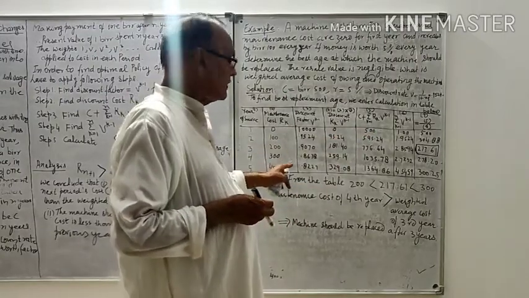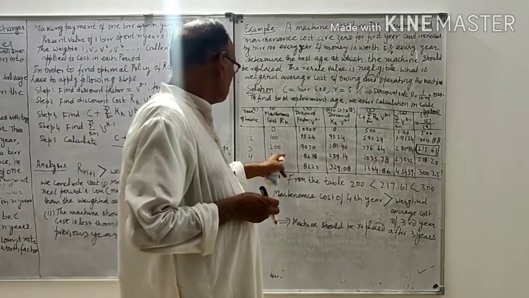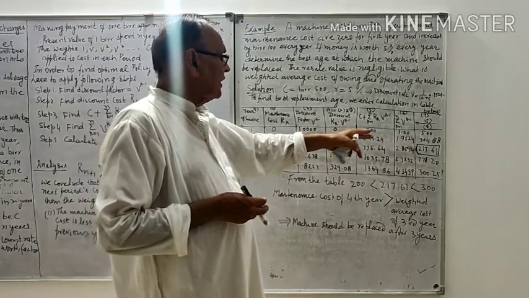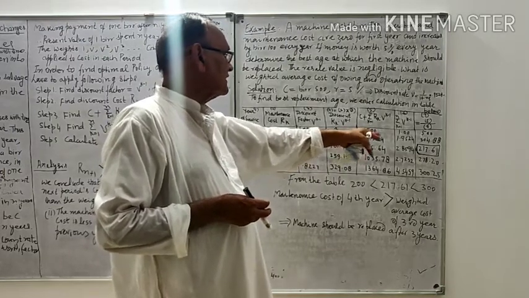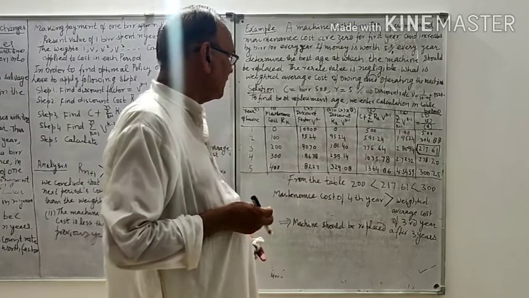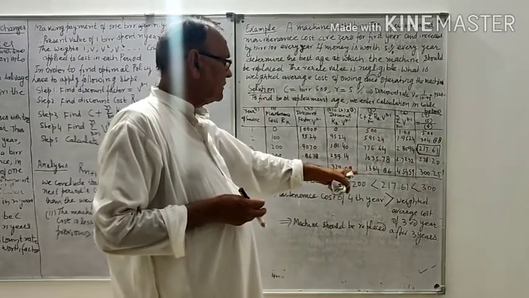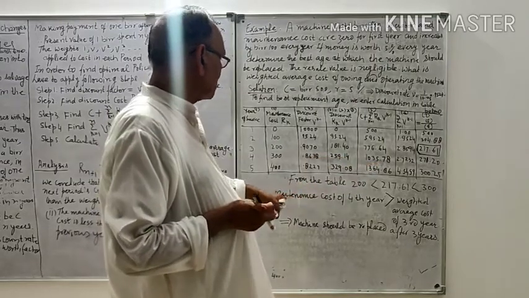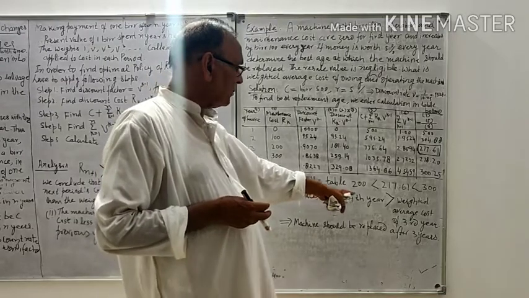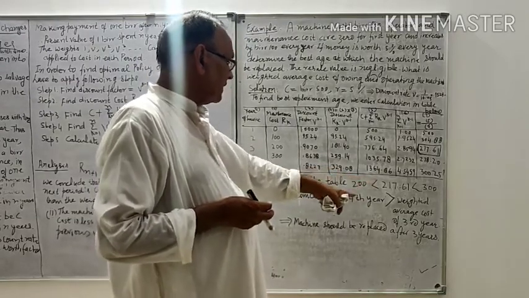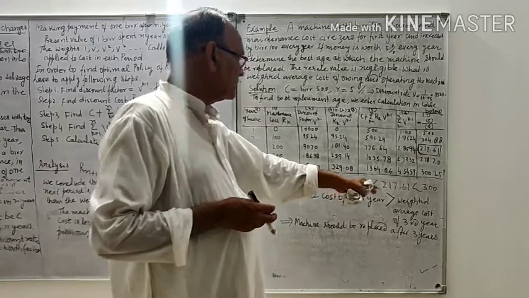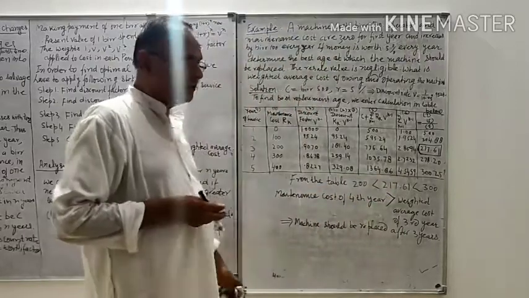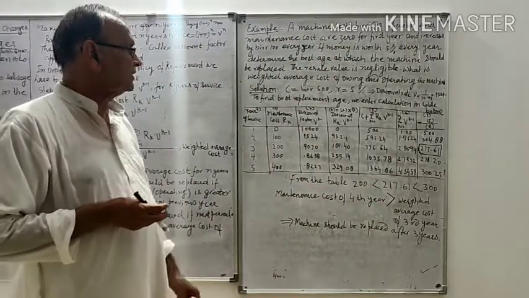So here the next year maintenance cost is 300, which is for the fourth year, and for the third year the total weighted average cost is 217.61. So 217.61 is less than 300, and the maintenance cost of the fourth year is greater than the weighted average cost of 3 years. Therefore the machine should be replaced after 3 years.